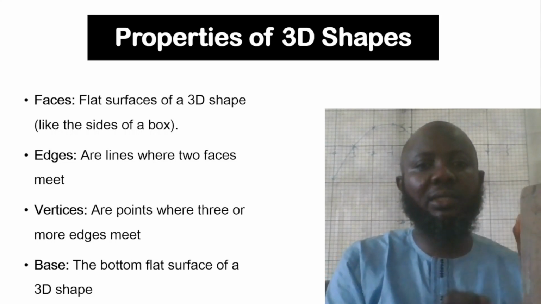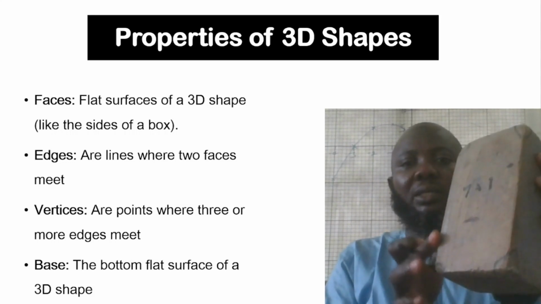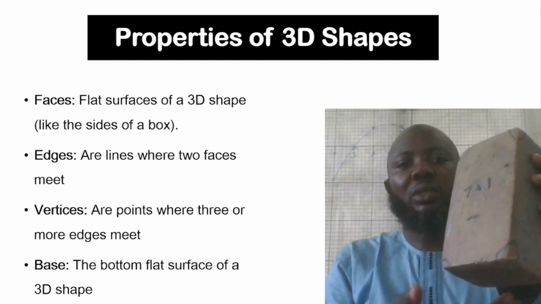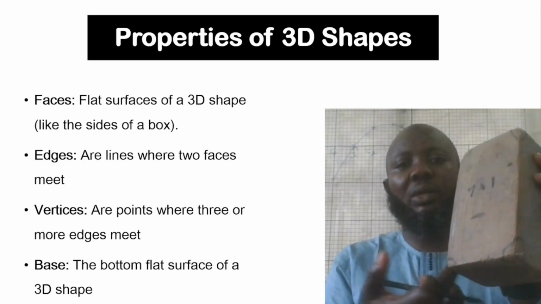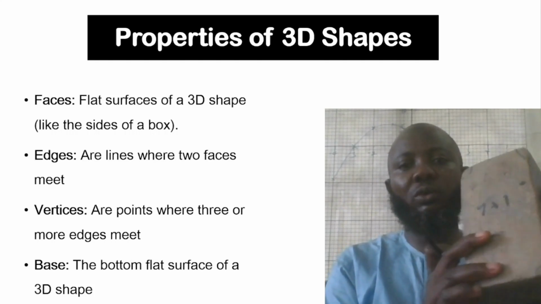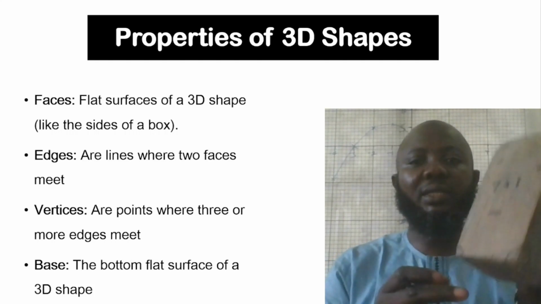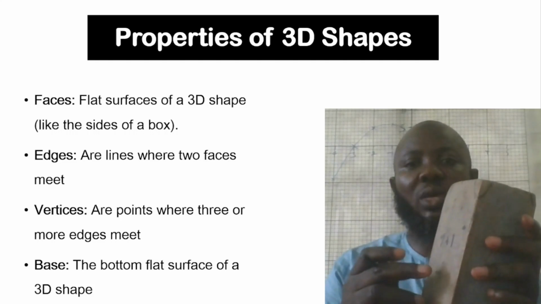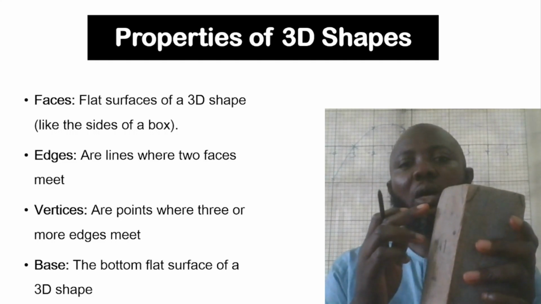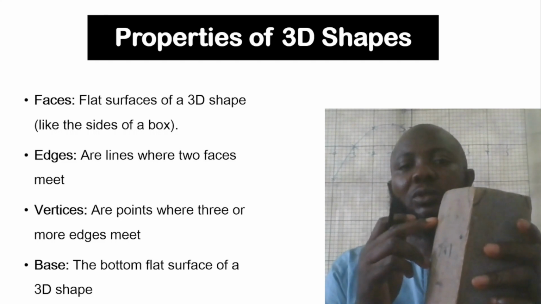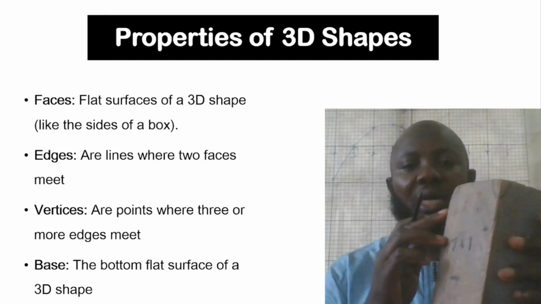This is another edge, this is another edge, here is another one, here is another one. This is what is referred to as edges. Then vertices. Vertices are where three or more edges meet.